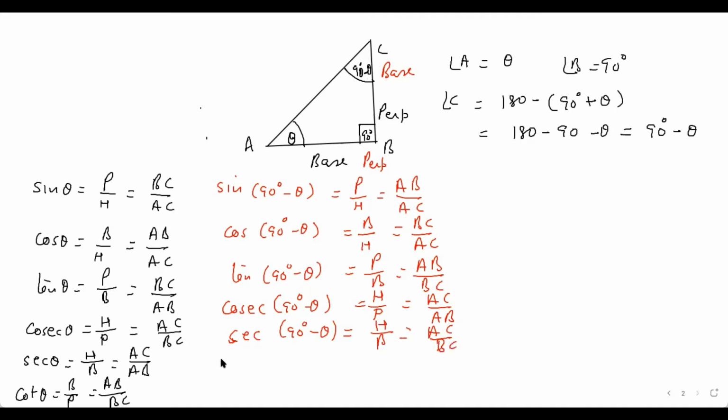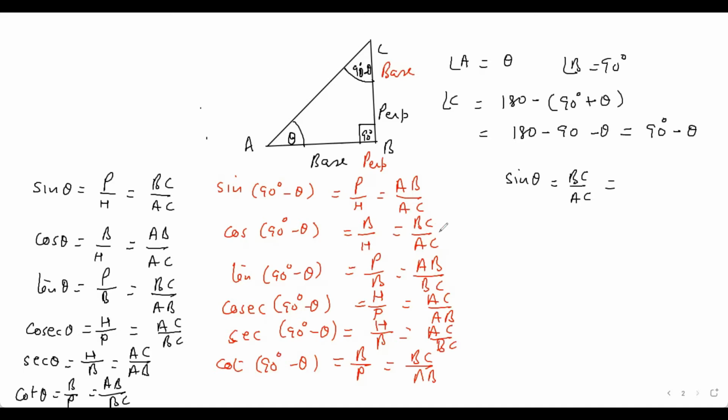What is cot (90 degrees minus theta)? That is base by perpendicular, that is BC by AB. Now, this sin theta is equal to BC by AC.